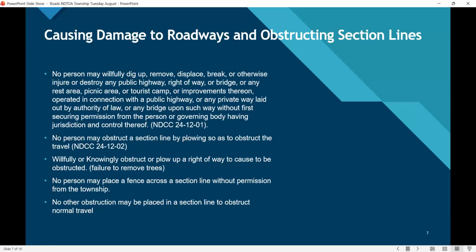And he was charged criminally with that case. I do believe that case went up to the Supreme Court, but I don't recall what the Supreme Court did in that situation. But I think actually in the statute itself, 24-1202 or 24-1203, it speaks specifically about prohibiting fences from being built across the section line.